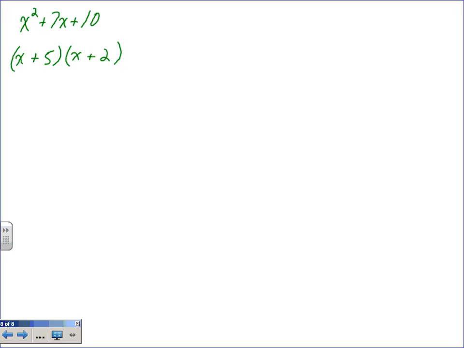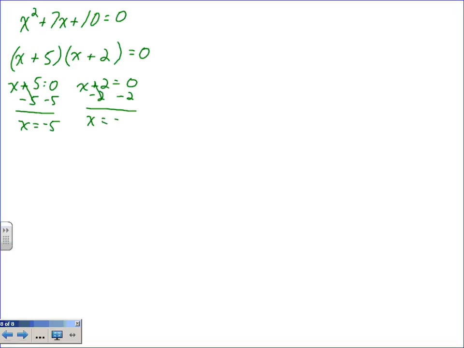And if I wanted to solve an equation to make it equal to 0, because that's why we factor, to find the zeros, we could find it easy enough. X plus 5 equals 0, x plus 2 equals 0, and subtract 5 from each side. Here, x equals -5. On the other equation, I could subtract 2 from each side, and x equals -2.